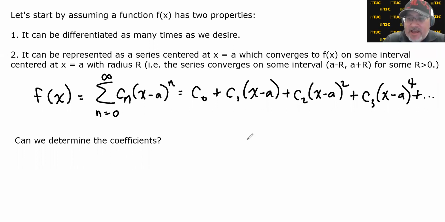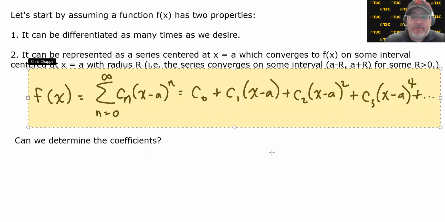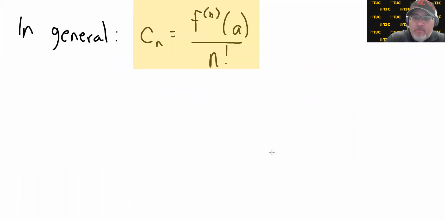But we now have the representation of the function's power series. We don't know the interval of convergence yet, but there is one, or presumably, because we found a formula for that coefficient. So what does this mean?